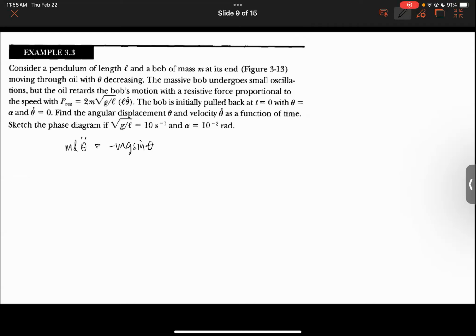Okay, and this is the case when there's no resistive force, di ba? Ang ginagawa nyo before, pag walang resistive force, is that you have this mg, and then you have this component which is mg sine theta. Hindi na natin kino-consider yung tension in this case, but if this is theta. Okay. So yun yung nangyayari.